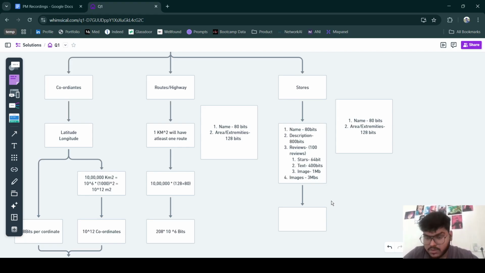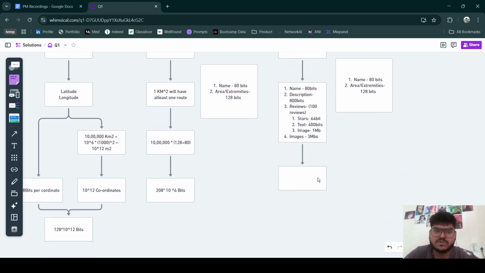If we assume 10 meters by 10 meters, there are multiple types, it depends on the region as well.